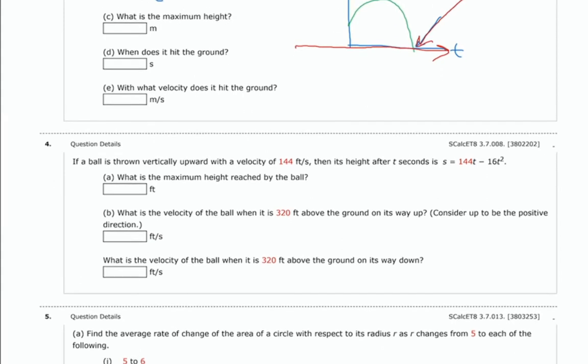So I'm taking this 320, plugging it in for s, and then I'm going to subtract 320 from both sides. I get 0 equals, I'm going to switch the order of these terms around, negative 16t squared plus 144t, and then I subtracted the 320 from both sides, so minus 320.